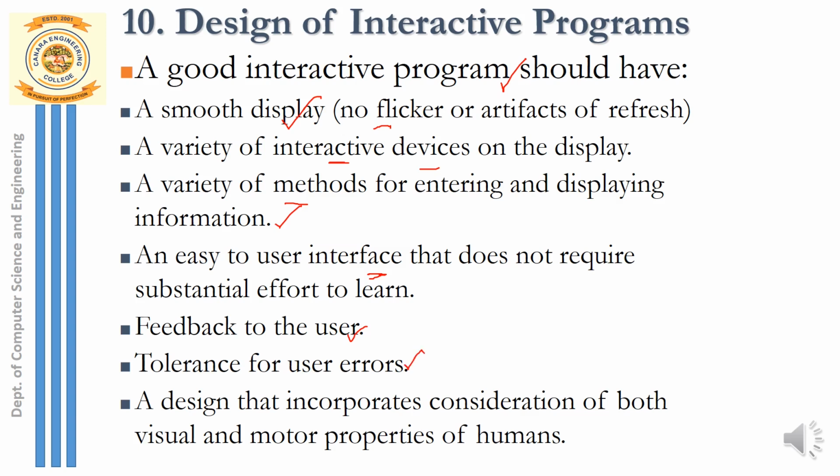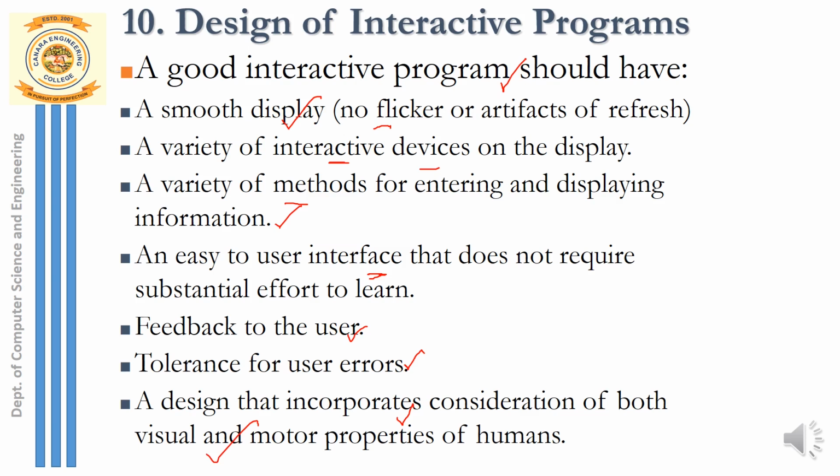Next, tolerance for user errors. The system should not crash, the window should not close at once, or exit if any error occurs. So it should be error tolerant. And finally, a design that incorporates consideration of both visual and motor properties of humans.